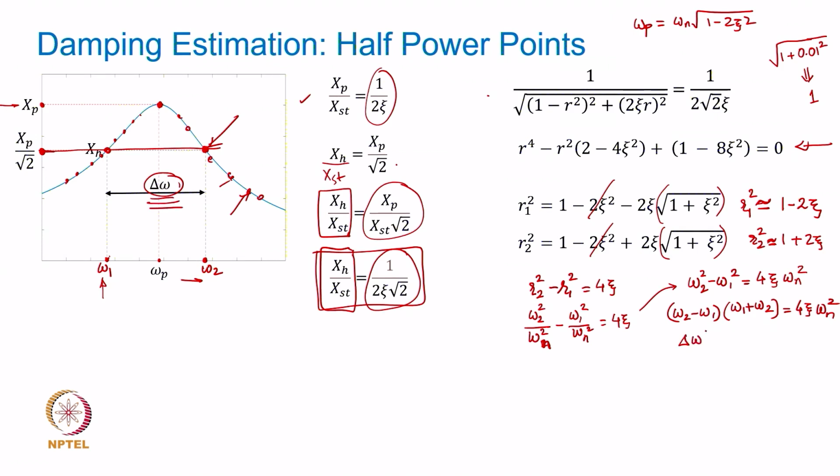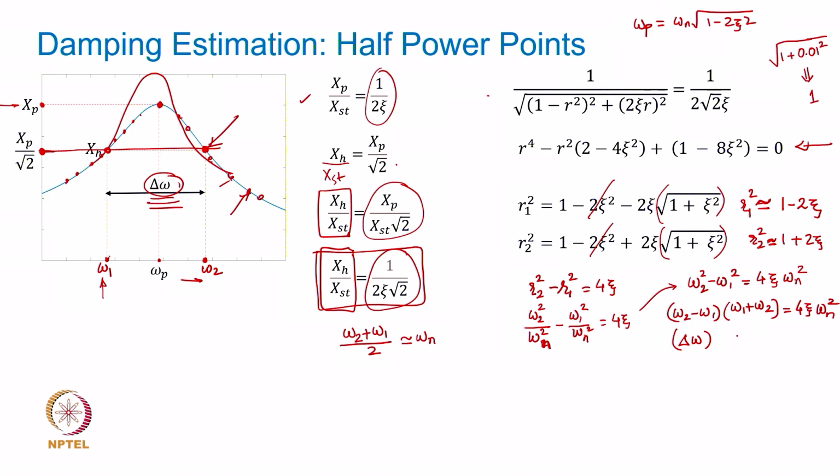So, this is my delta omega, and this is another assumption that I am making here: omega 2 plus omega 1 upon 2, can I say that this is again close to omega n, or I can write that it is close to omega p? Because even if in some cases this may not be exactly symmetric, I can approximate that omega p will be the algebraic mean of the two half power frequencies.